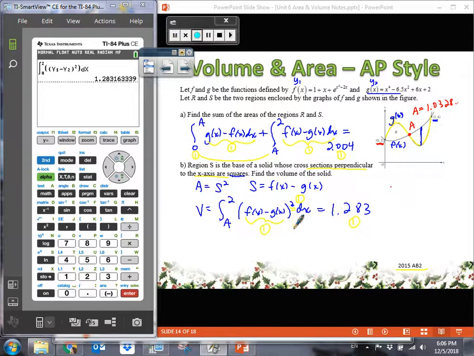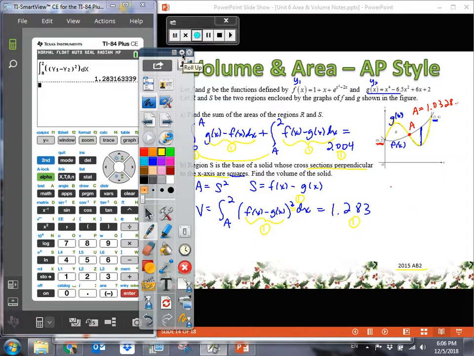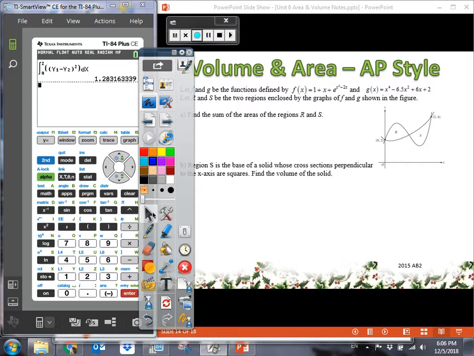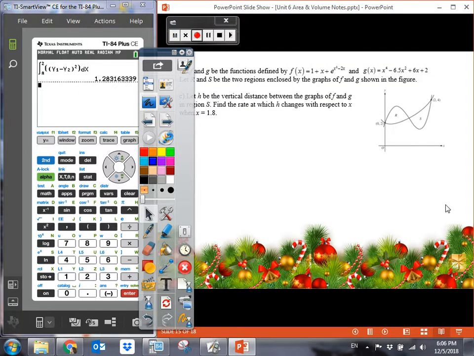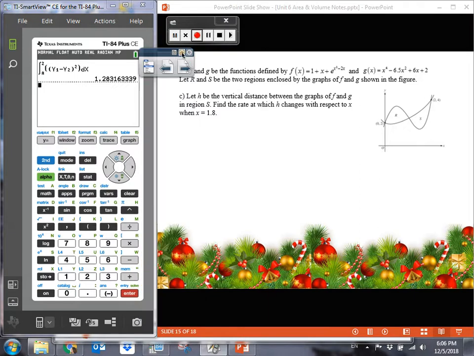Okay. So the last part, part C, is on the next slide. So let's clear this out and go over there. Okay, it's the same prompt, the same figure as on the other page.